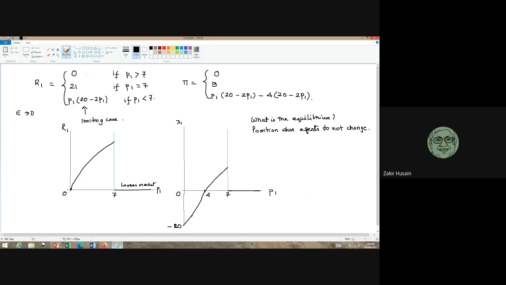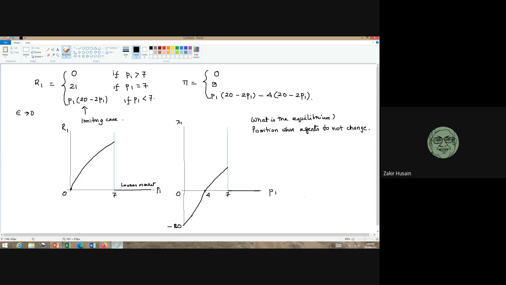So far the analysis that we have done was in terms of the first firm. So that means firm 2 has announced that I'm setting a price of 7. In that case, firm 1 can undersell him, or what we call introduce a price cut to capture the entire market.